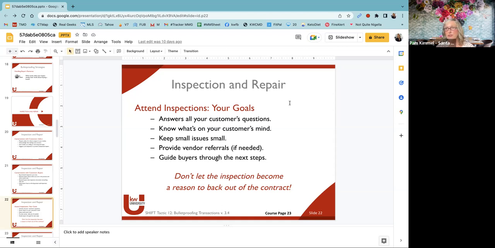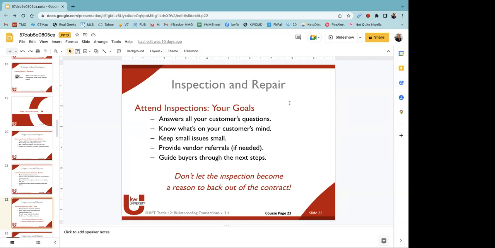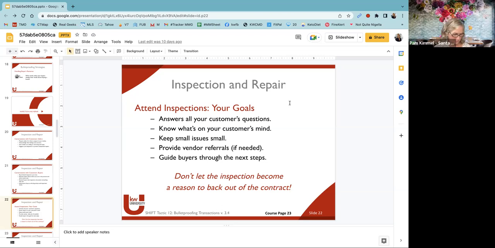Or let's hire another expert to uncover what the real issue is here. Keep small issues small and provide vendor referrals if they're needed, and then guide buyers through the next steps.